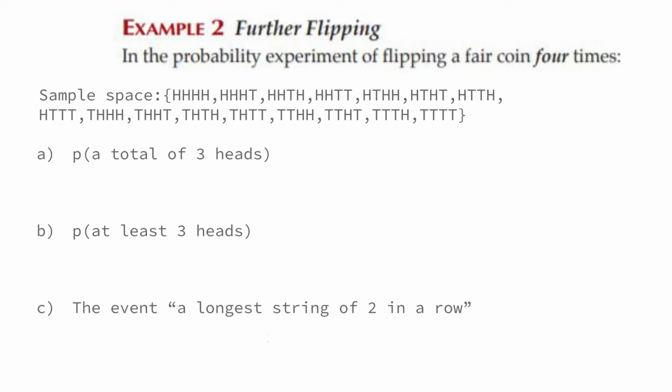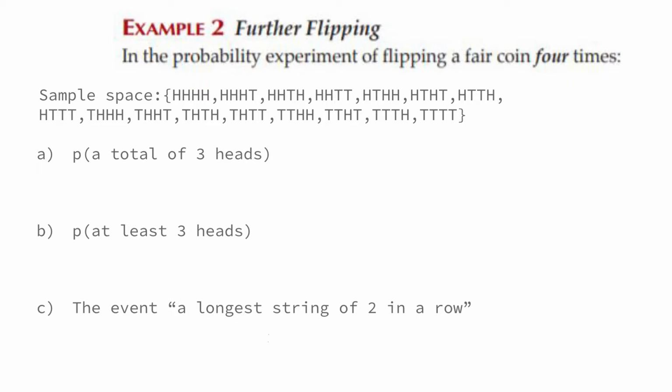All right, so we're going to look at this example of flipping a coin. Now we're going to flip this coin 4 times, and the different options that we have when we flip these coins are listed below. We could have all heads, we could have 3 heads and a tail, 2 heads, a tail, and then another heads, and so on and so forth.